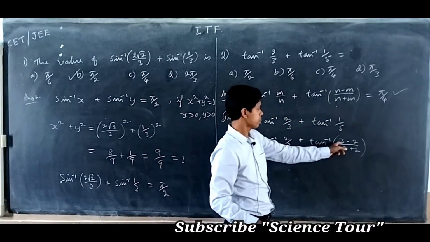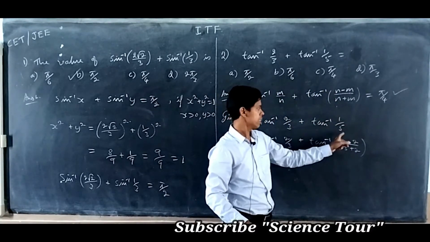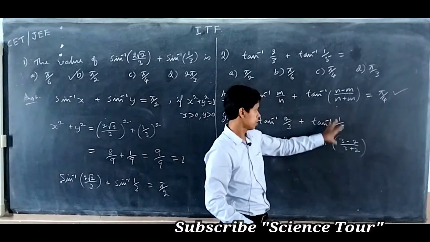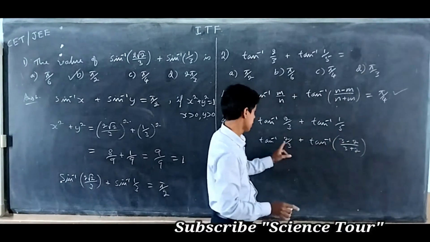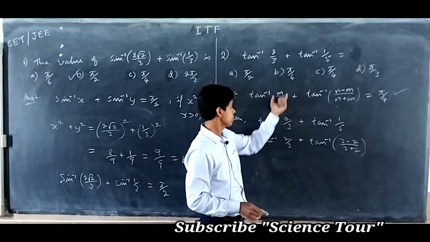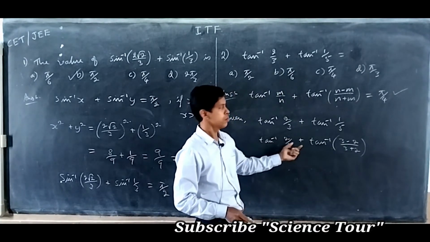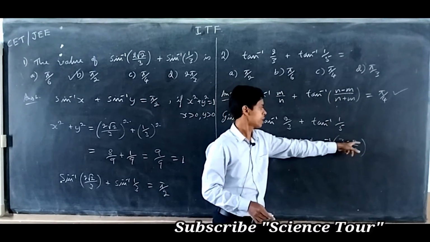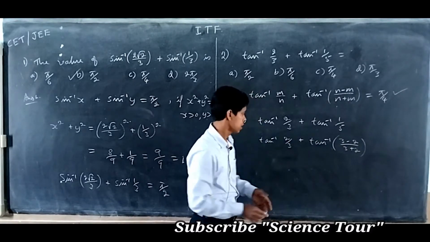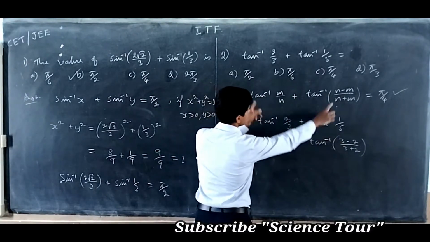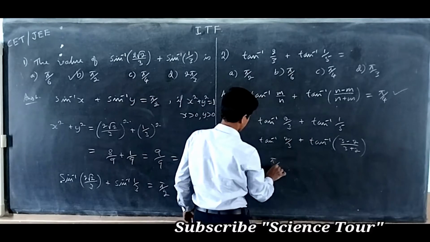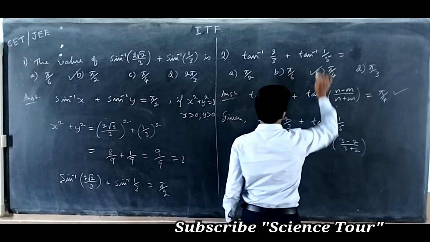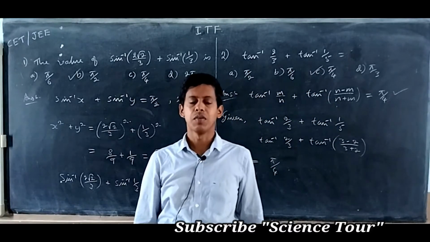Correct. So 3 minus 2 is 1 and 3 plus 2 is 5. So are they equal? Yes. Now is this equal to tan inverse m by n plus tan inverse of n minus m by n plus m? Yes. So what is the answer of this kind of expression? Pi by 4. Hence option C is the answer, pi by 4.